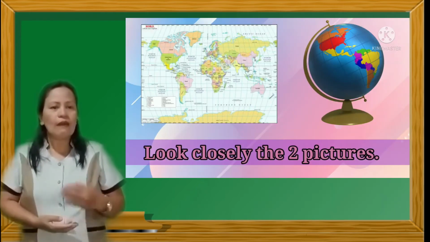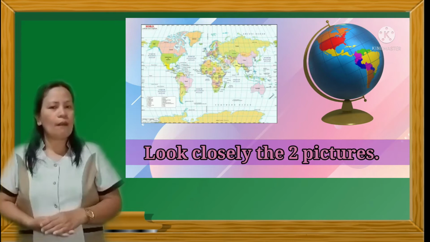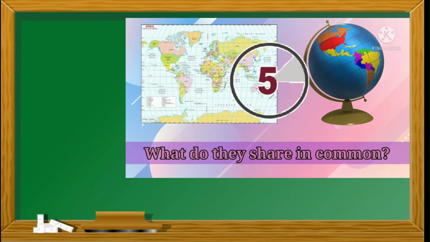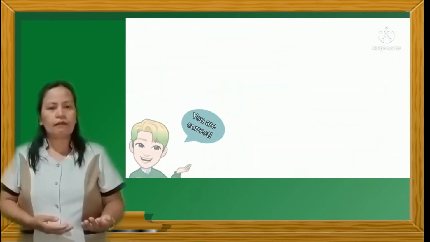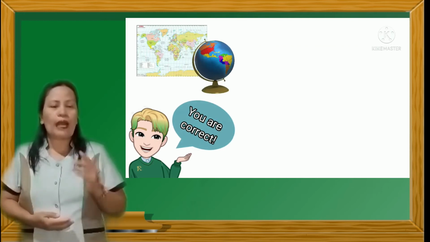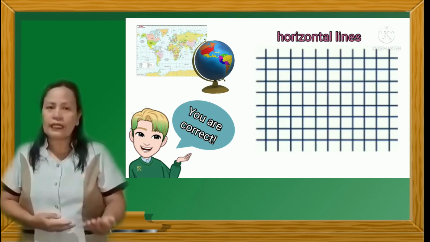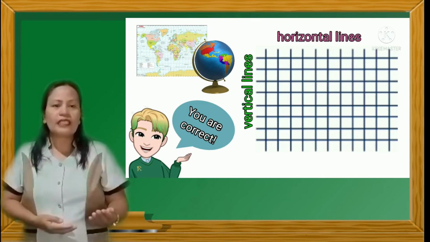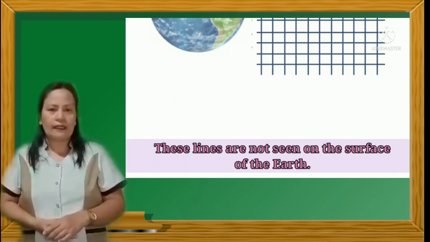Now, I want you to observe closely the map and the globe. What do they share in common? You are correct. Both the map and the globe are made up of horizontal lines and vertical lines, which intersect with each other.